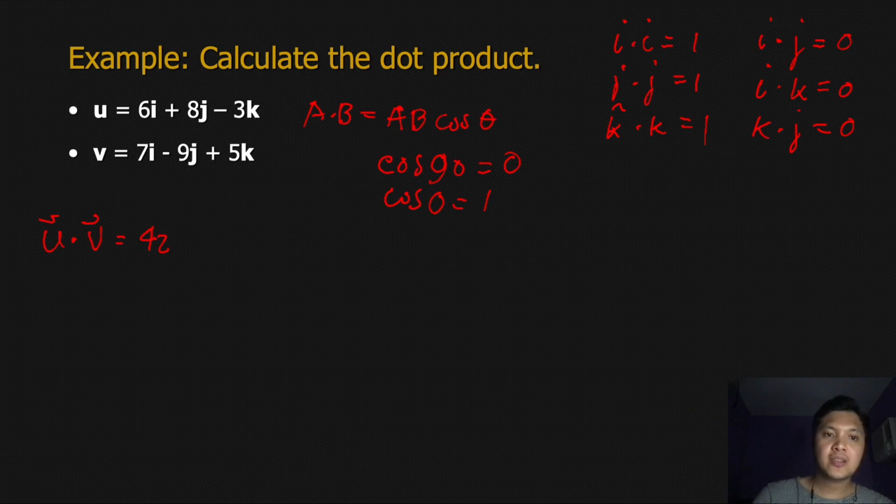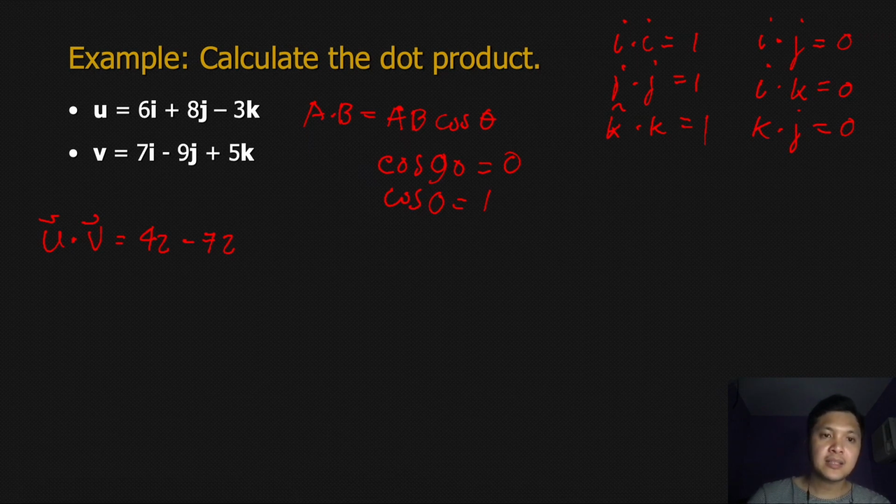Now 8j dot 7i is 0, since i dot j is 0. 8j dot negative 9j is negative 72, since 8 times 9 is 72, and j dot j is 1.